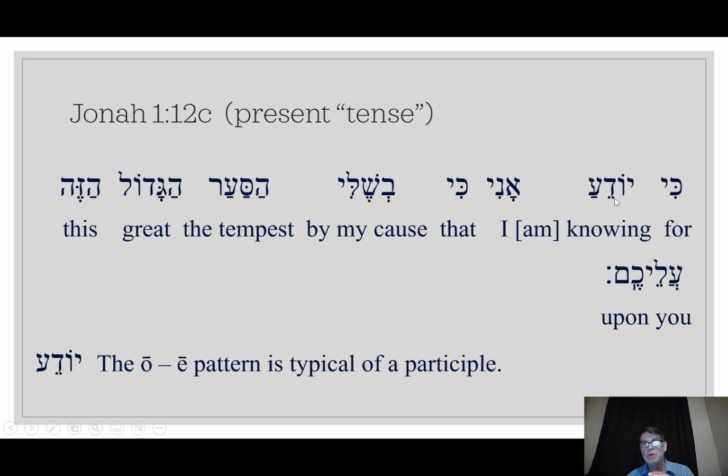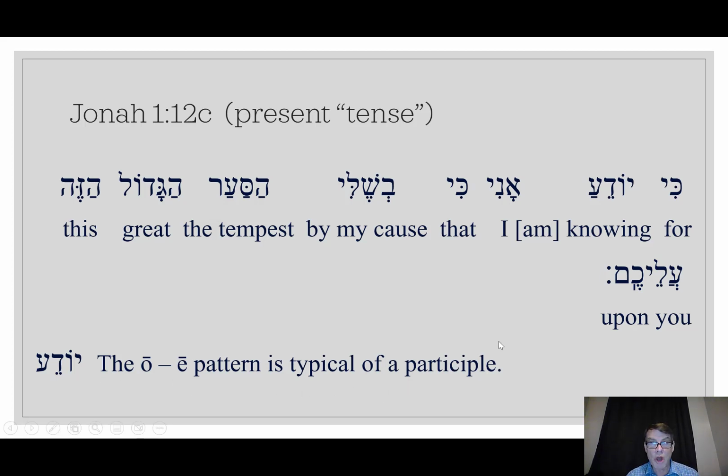The reason is when you're going from an A to a guttural, you have to stop by A. There's a hidden A in there, a very small, a tiny A, a hidden A, a furtive A. And so this is called a furtive patak. But the long O, long E pattern is typical of a masculine singular participle, the most basic of participles.